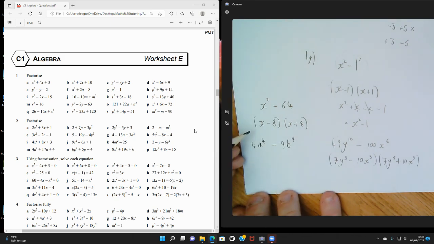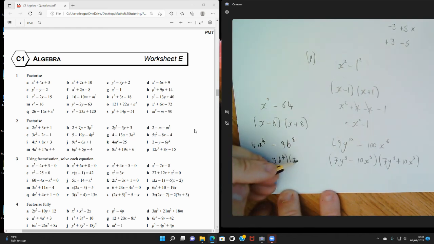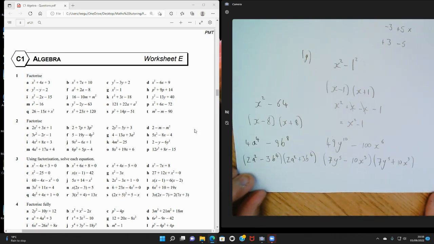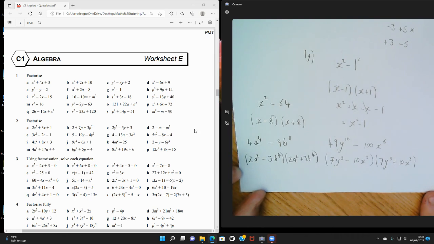Well, this one would factorize into 2a squared minus 3b to the 4, times 2a squared plus 3b to the 4. And that's how you factorize things that are called the difference of two squares. So that's a few examples there of the difference of two squares.